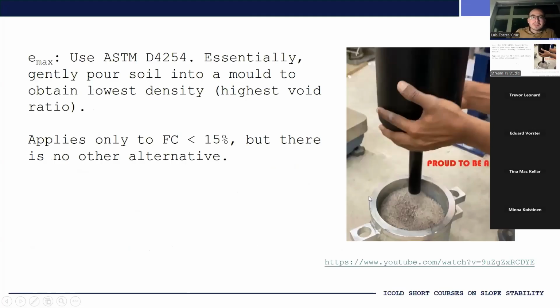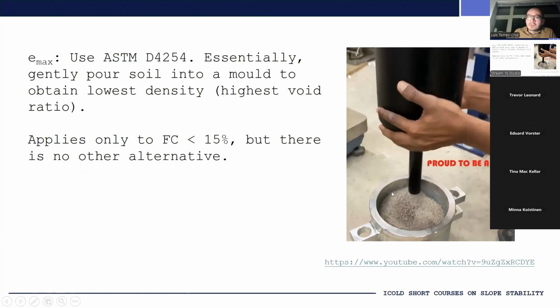So this is the standard method to calculate Emax suggested by the ASTM. Essentially, you funnel your sand, because this is tailored for a sand, not silts, but you would use it for silts anyway.